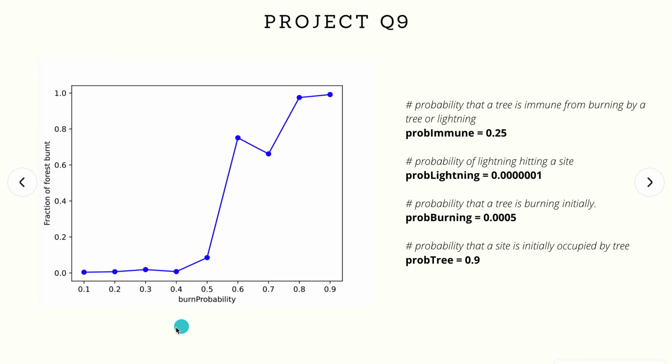Burn probability is essentially the probability with which a cell will burn if its neighboring cell is also burning. So if the burn probability is less, we can see that a lesser fraction of the forest is getting burnt. And as the probability goes up to 0.9, we can see that almost the entire forest gets wiped out because there is a very large probability with which the neighboring cell will be burnt if a particular cell is burning.